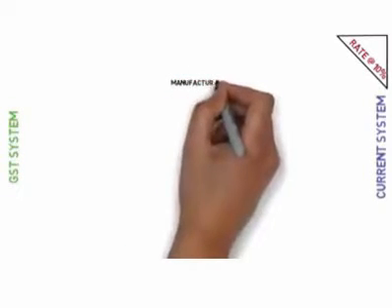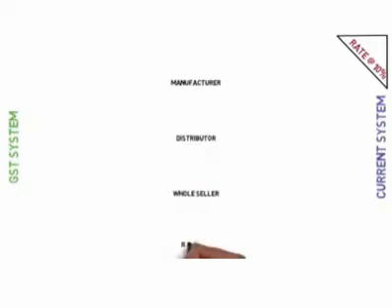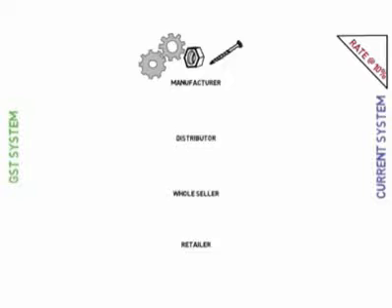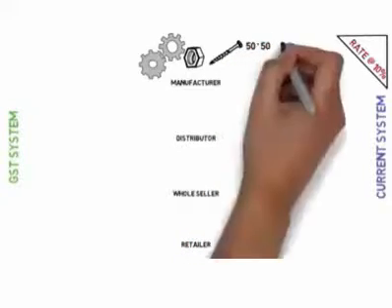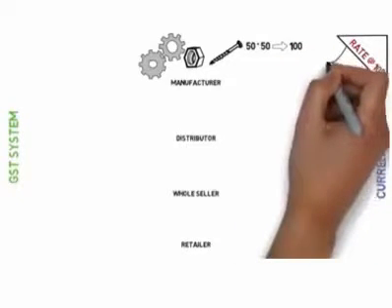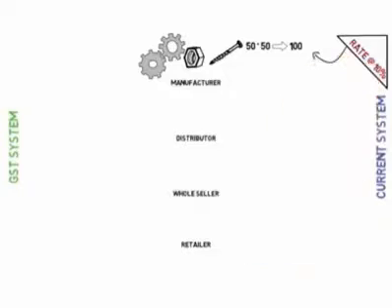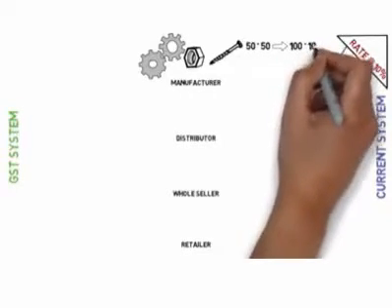Consider a simplified tax rate of 10% at each level. There are generally 4 levels: manufacturer, distributor, wholesaler and retailer. The manufacturer buys raw material, let's say of rupees 50, and manufactures the product, which adds 50 rupees of value to it. So the product becomes 100 rupees. For selling this product, he needs to pay 10% tax, which is 10 rupees.